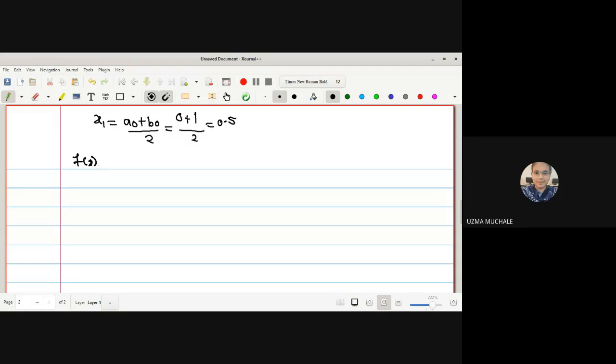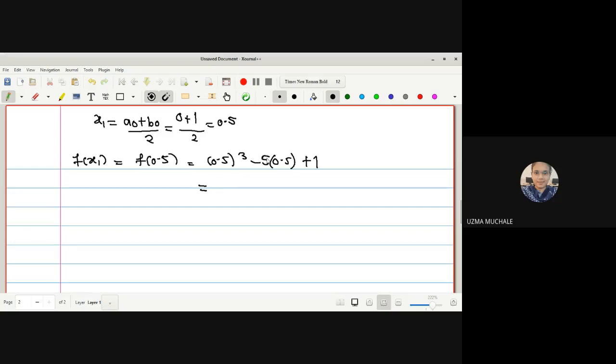Whatever the method we have seen, we have to follow the same procedure that we have followed in the method. f of x1 is equal to f of 0.5. So wherever you are having x, you have to put 0.5: 0.5 cubed minus 5 into 0.5 plus 1. So what is the answer for this?